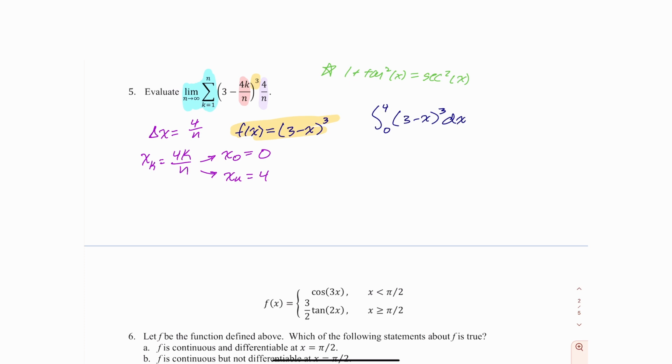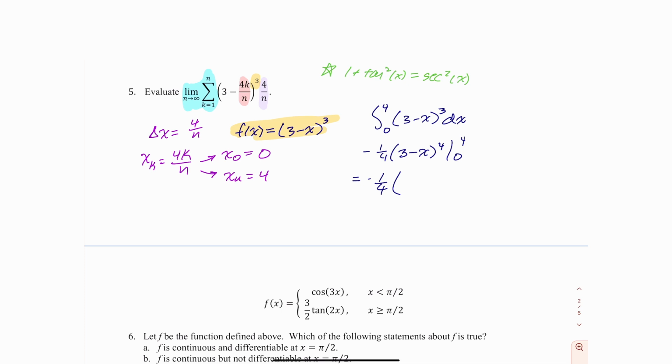All right, so we have multiple ways that we can do this. You can just integrate it, which is actually the easiest thing to do. So 3 minus x cubed. There should be a negative by the chain rule, so this will be negative 1/4 times 3 minus x to the 4th from 0 to 4. We could also do u substitution, which is maybe a safer thing to do, but I'm not going to do it. Well, I'll go back and do it because why not?